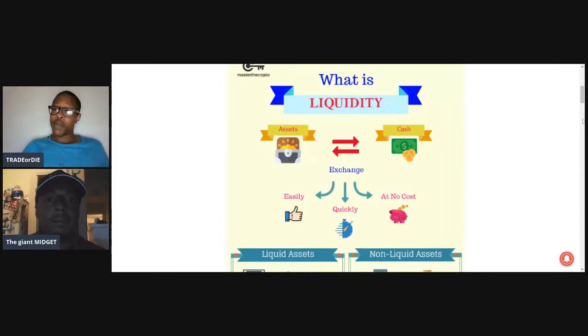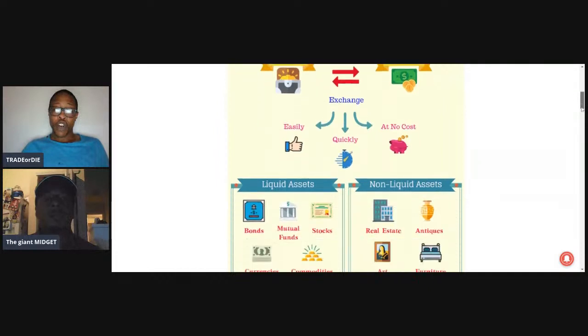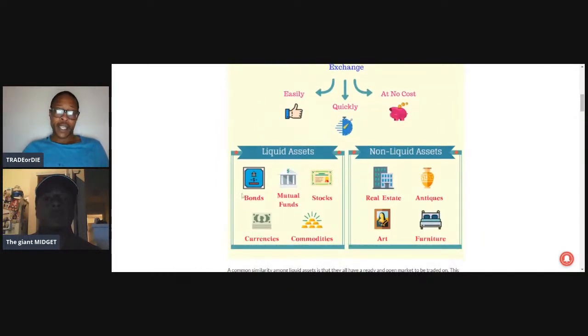Now, as we keep going down, what are liquid assets? Bonds, stocks, mutual funds, currencies, just things that you can call and sell. Non-liquid assets, on the other hand, are art, furniture, antiques, real estate. They are assets, but they're slow-moving assets.